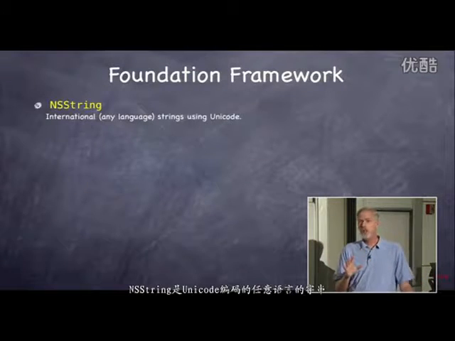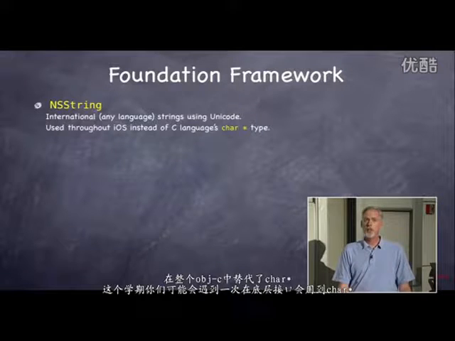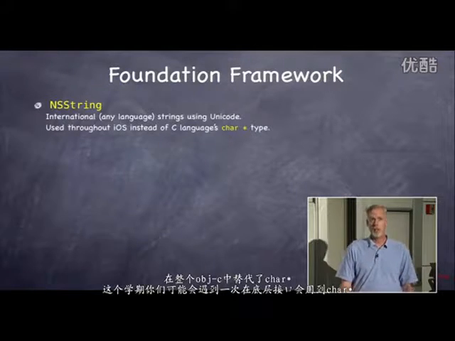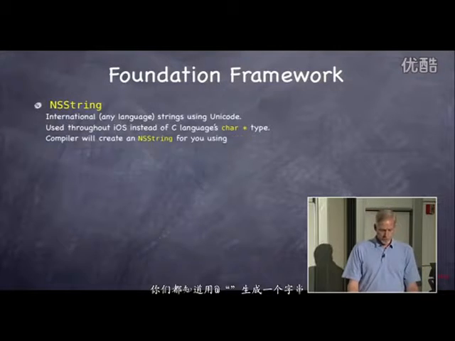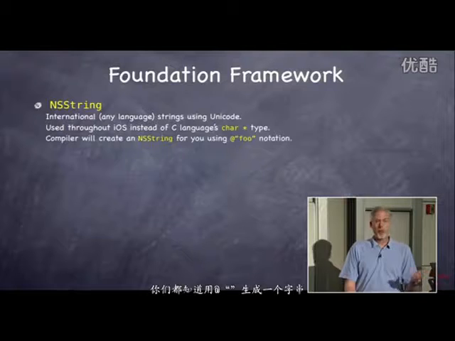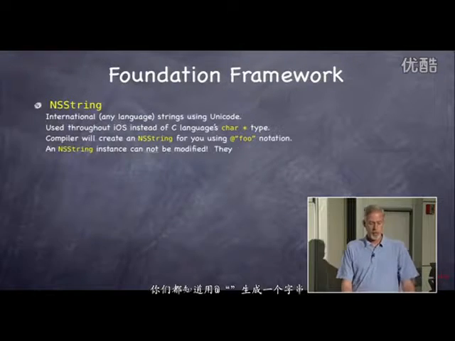It uses Unicode under the covers. It's quite an awesome, complete implementation of that. It's used throughout iOS instead of char star. We do not use char stars. There's maybe one place you'll see in this quarter where we use a char star for a pretty low-level API. You know that the compiler will create an NSString for you on the fly using that @quote syntax.